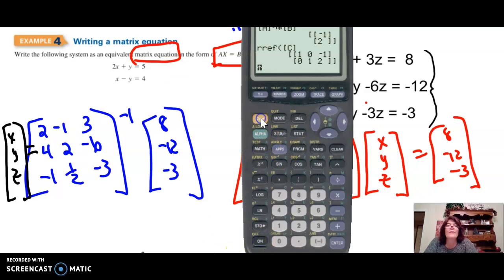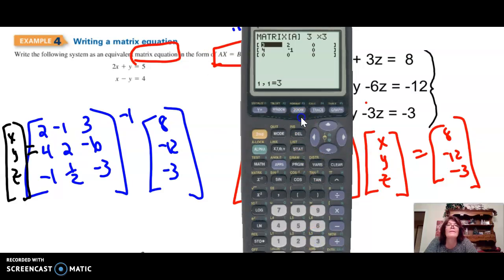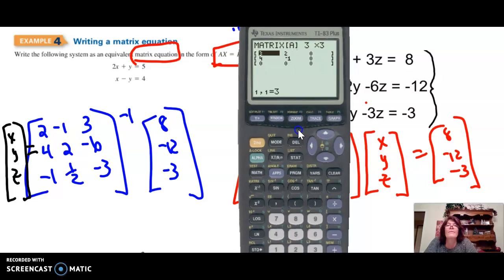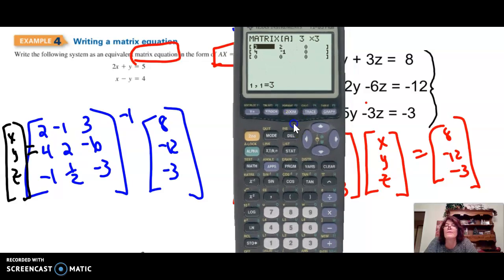I'm going to enter a new matrix. Let's edit matrix A so that it's a 3 by 3. Now I have to enter these numbers.